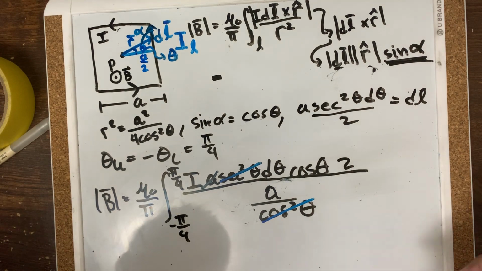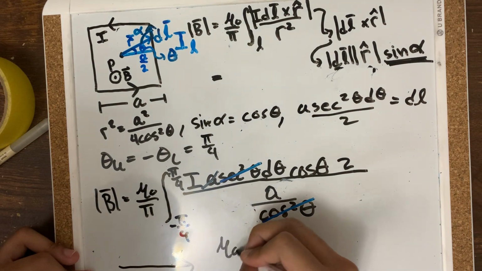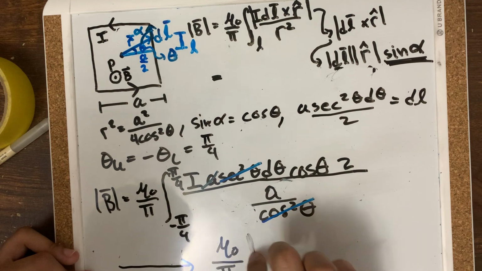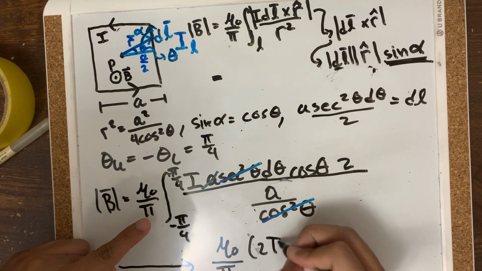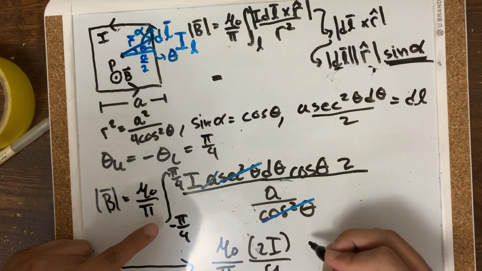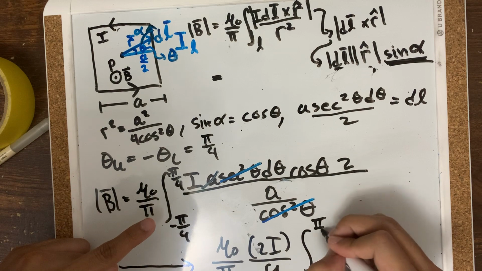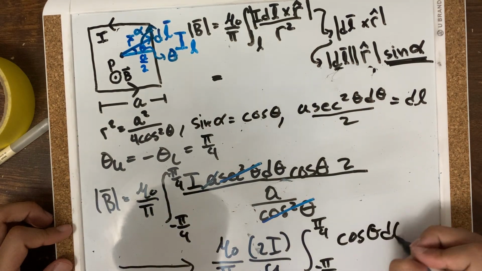So now we end up with mu naught over pi times, I'm just going to pull out the constants, so times 2I over a times the integral from negative pi over 4 to pi over 4 of cosine theta d theta.